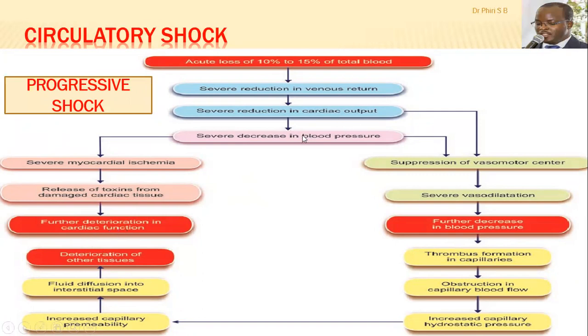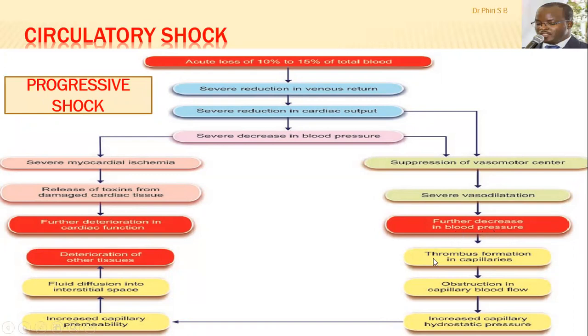At the same time, the severe decrease in blood pressure will result in suppression of the vasomotor center within the medulla oblongata. That will bring about severe vasodilatation because now you don't have the sympathetics. There is no release of epinephrine and norepinephrine. So you're going to have more vasodilatation, which will result in a further decrease in blood pressure.